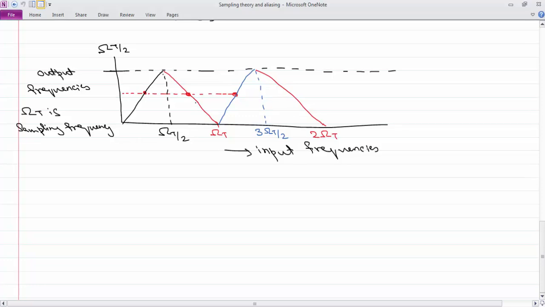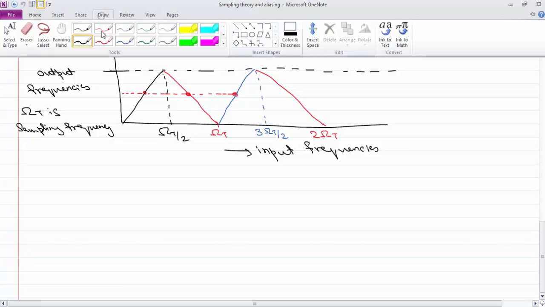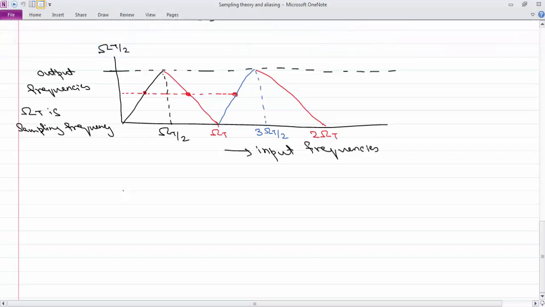Now you can ask the same question about negative frequencies. This plot is really useful if you are dealing with real valued signals, because in real valued signals, the negative and positive frequencies, you have a symmetric spectrum in the Fourier domain. But if you are only dealing with negative frequencies, you get a similar kind of plot. The only thing that will change is that you will have just a reflection of this plot.